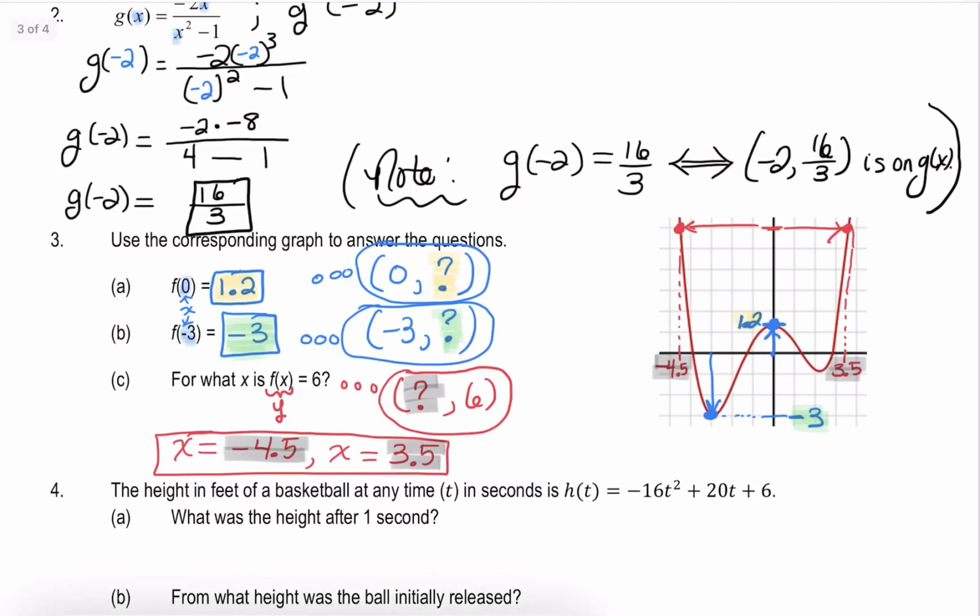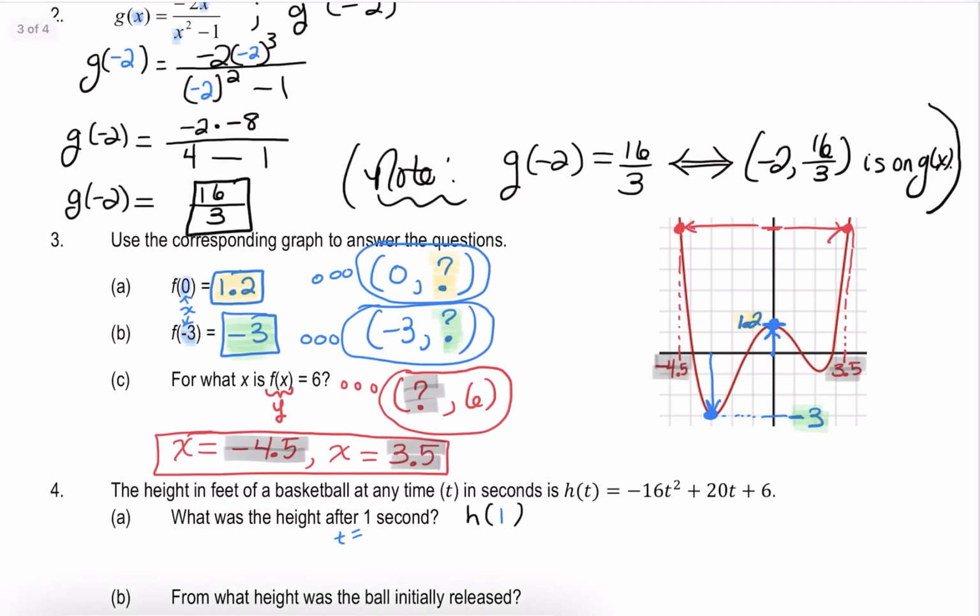All right, so in this first example, we are looking for what is the height after 1 second. So this is very clearly our value for t, and we're trying to find the height. So using function notation, we would express that as evaluating h of 1.